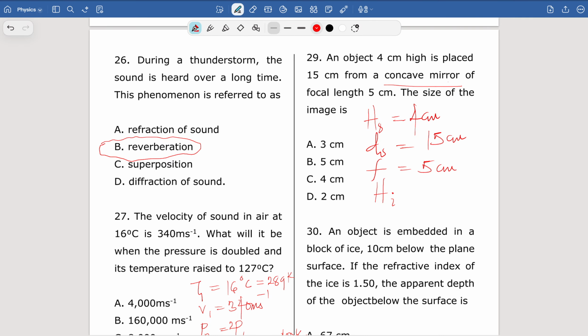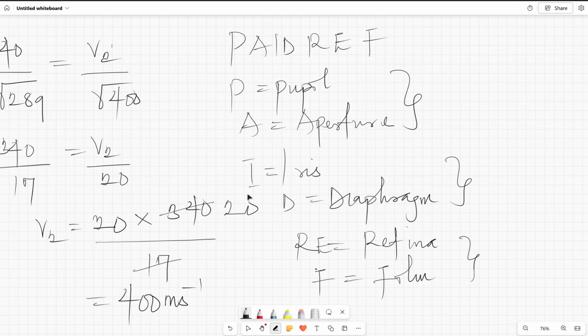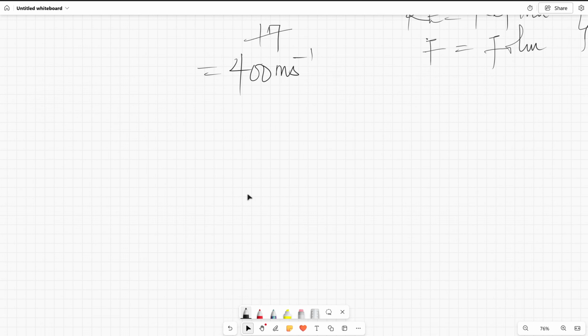So when you have all of this, let's get to formulas for mirror quickly. When you have focal length involved, you have 1 over the focal length equals 1 over the image distance plus 1 over the object distance. Since it is stated that it is a concave mirror, you expect everything here to be positive actually.